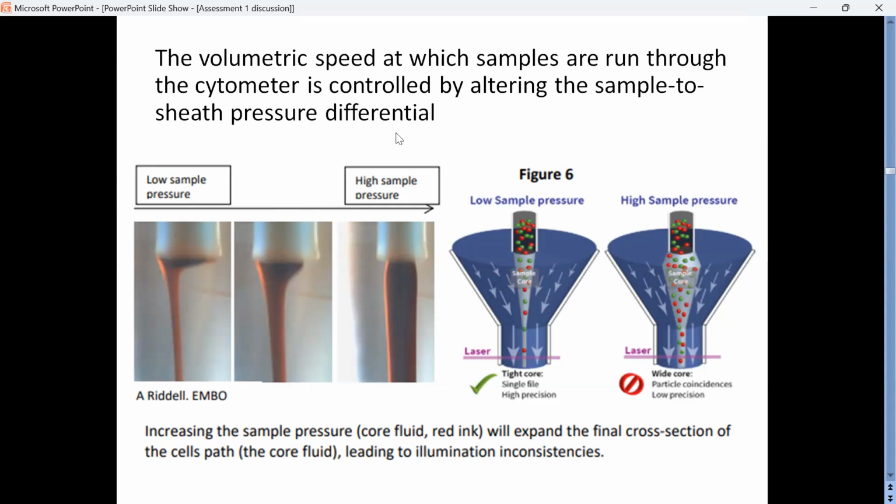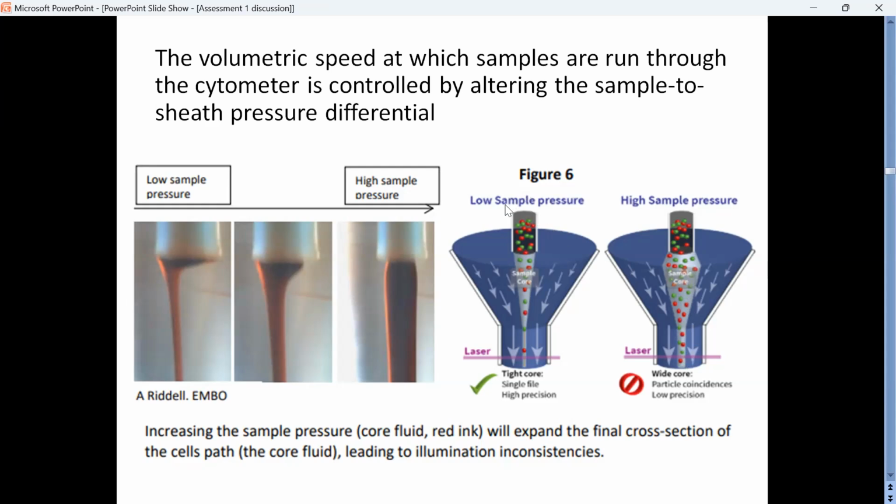The volume of sample delivered into the flow cell will be more, and the sample core, the thickness of the sample stream going inside the flow cell, increases. When the sample core increases because of high sample pressure, there is an increased chance that 2 or 3 cells pass at a time, which are called doublets or triplets.